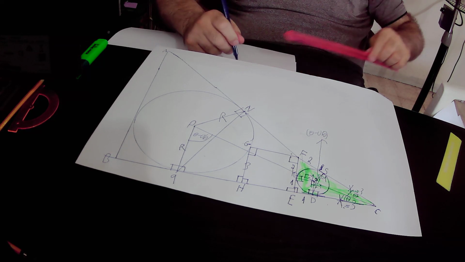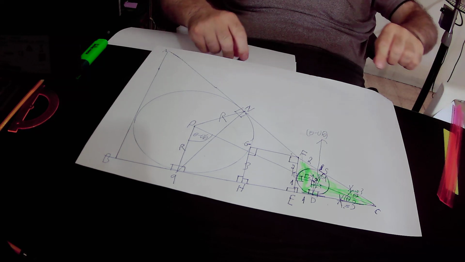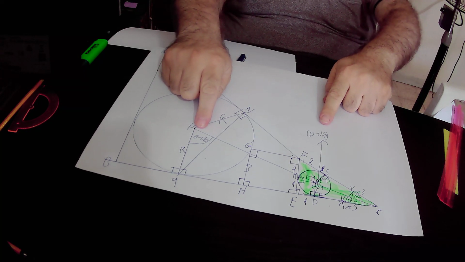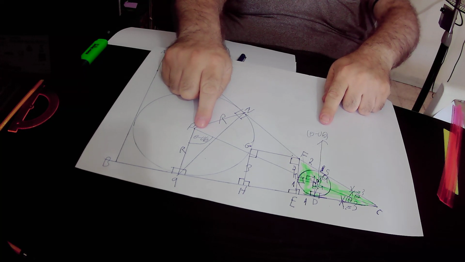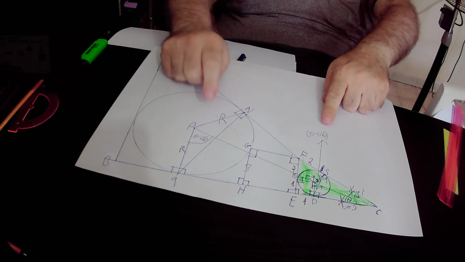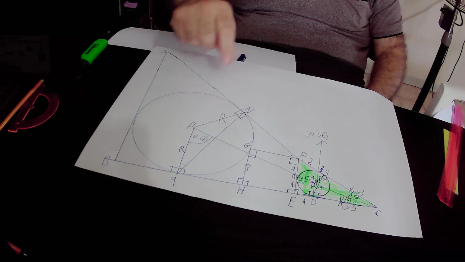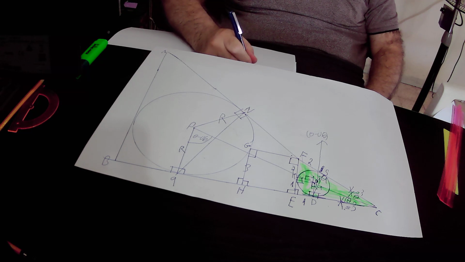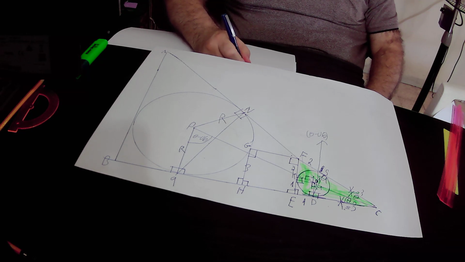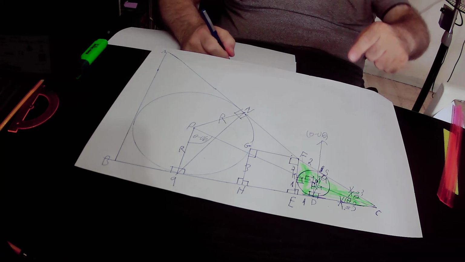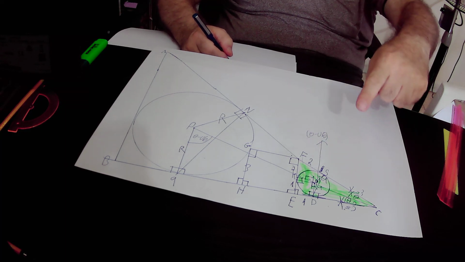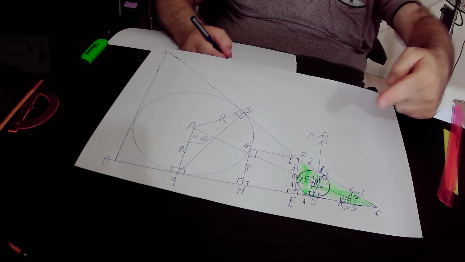So why are those two triangles similar to each other? First of all, let's find out that those two angles are both equal to 90 degrees minus theta, therefore they are equal to each other. So here, angle QPC is equal to this angle, that is actually angle DOC.